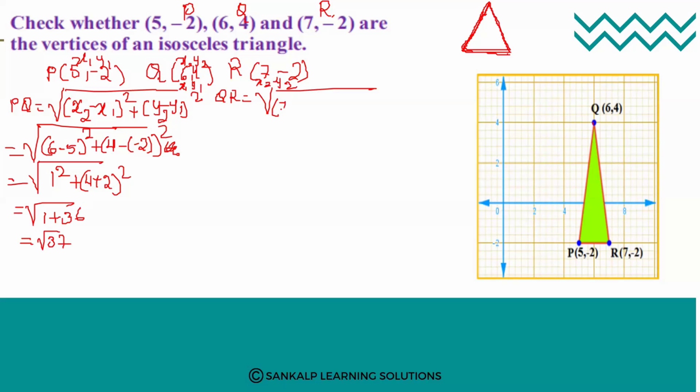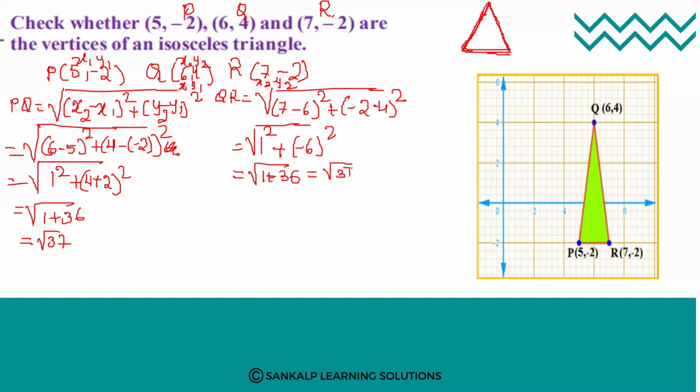So x2 value is 7 minus 6 whole square plus minus 2 minus 4 whole square. Y2 value is minus 2. Here y1 value is 4. 7 minus 6 whole square is 1 square plus minus 2 minus 4, that is minus 6 whole square. 1 square is 1, 6 square is 36. 1 plus 36 is root 37.